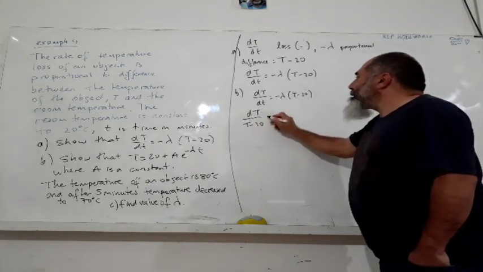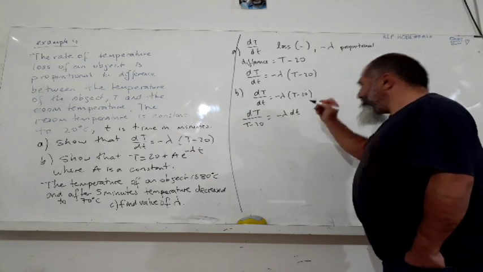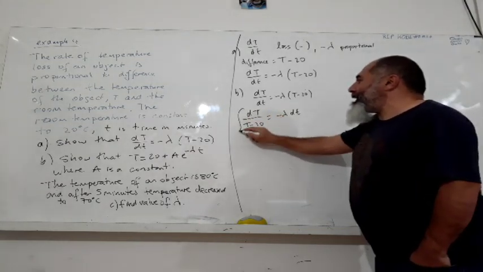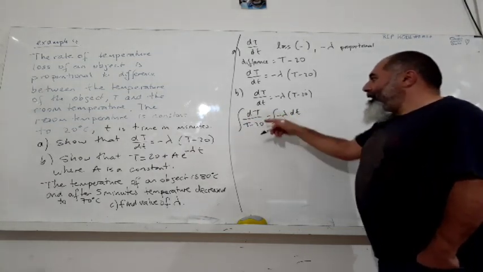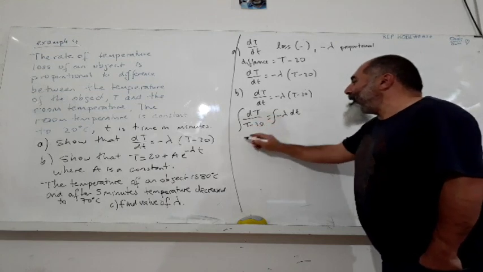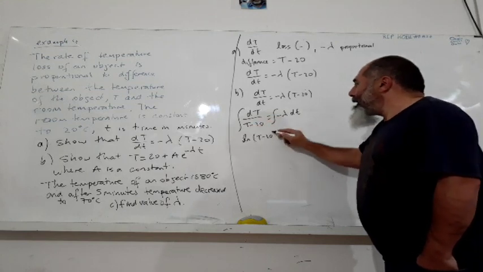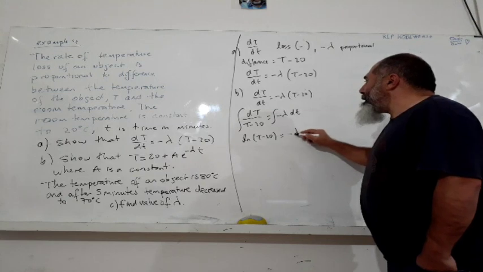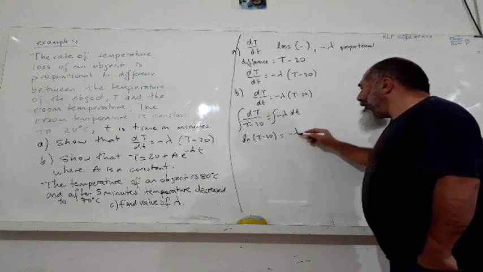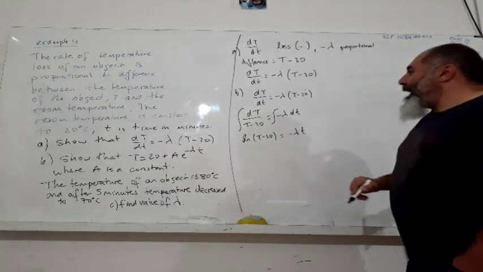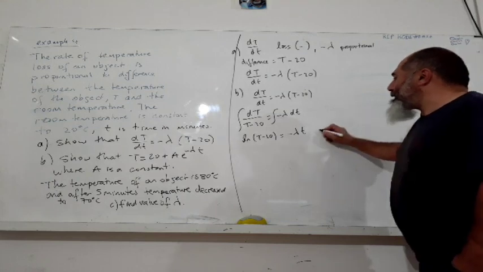So we have to take the integrations. This is going to be ln of T minus 20, equal to minus lambda t, and we have to have a constant, say that it is c, integration constant.